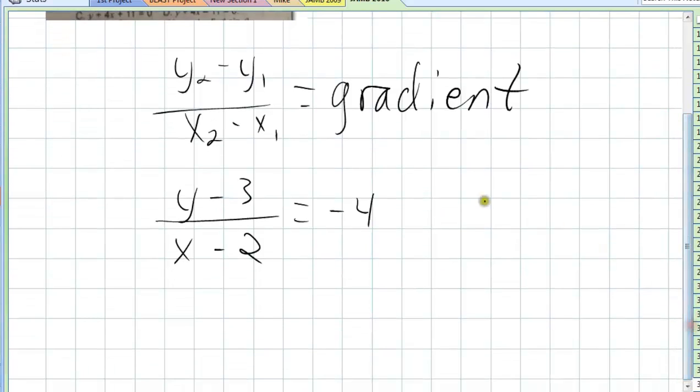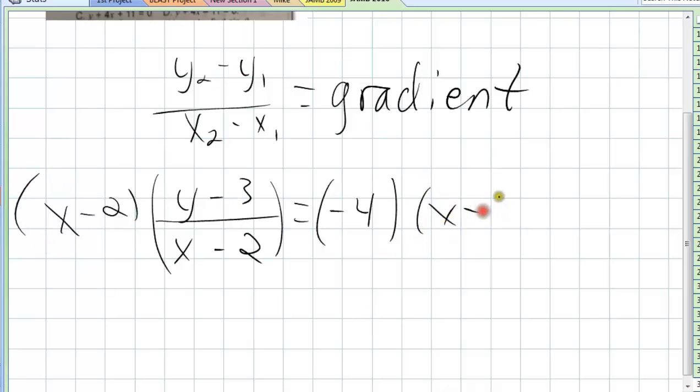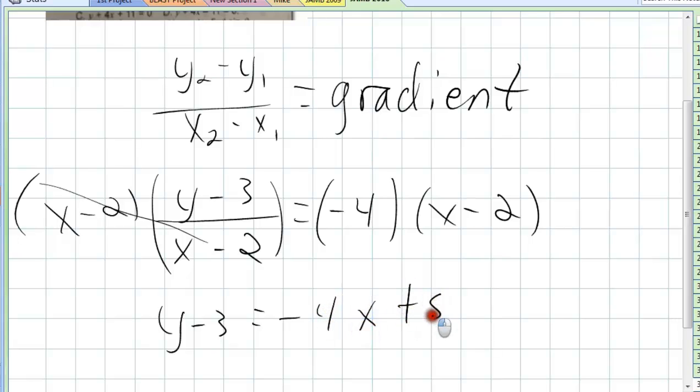So first I'm going to multiply everything by x minus 2 so that they cancel on this side, and I'm left with y minus 3 is equal to, and I'll distribute my negative 4, negative 4x plus 8.